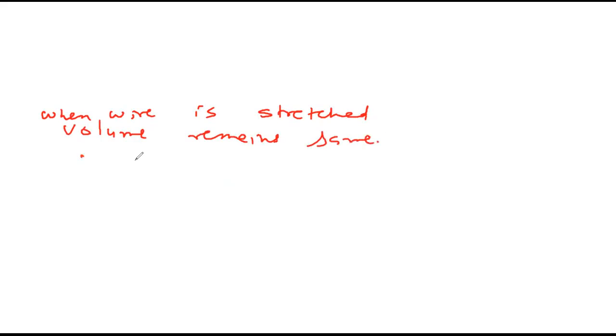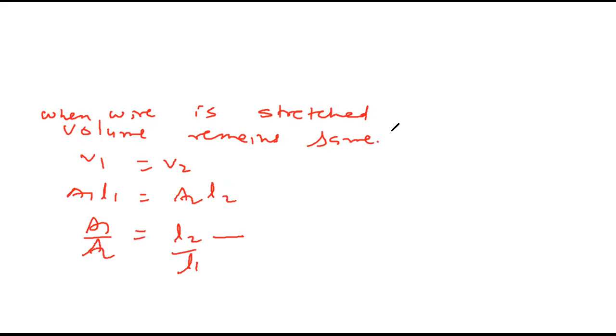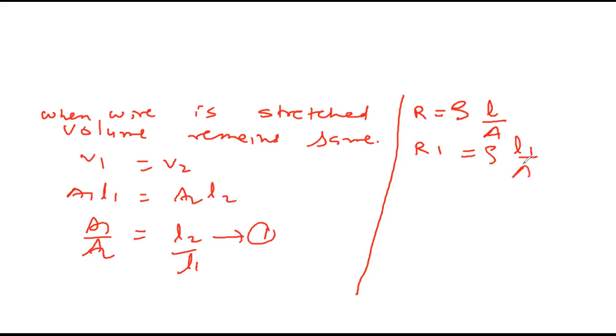Therefore, V1 is the same as V2. So A1 L1 is A2 L2. A1 upon A2 will be L2 upon L1. What is the formula for resistance in length and area? Rho L by area. Can I say R1 will be rho L1 upon A1? Because material is the same, rho will be the same.